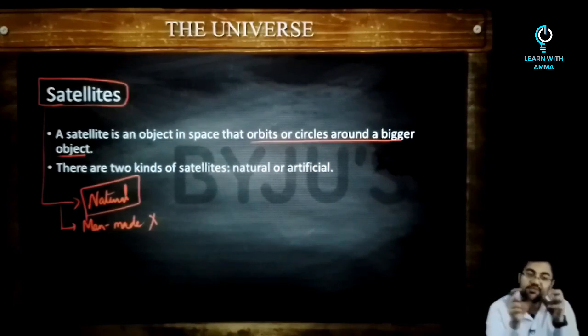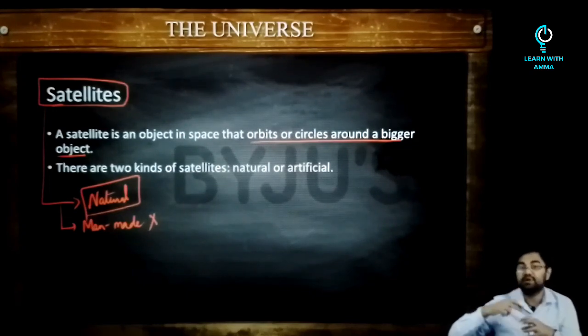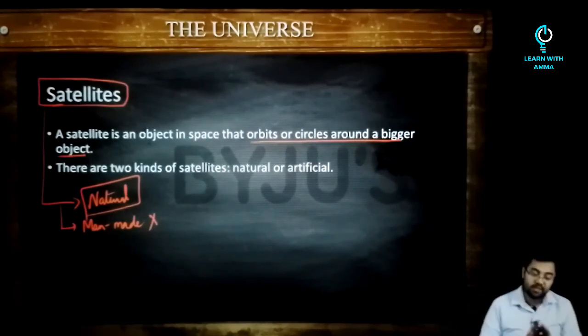So the moon becomes the satellite for the earth, but technically, in strict terms, the earth is the satellite of the sun. But since we have a separate set of definitions given to the planets, we do not call the earth a satellite, but we call the other celestial bodies that are revolving around planets satellites.